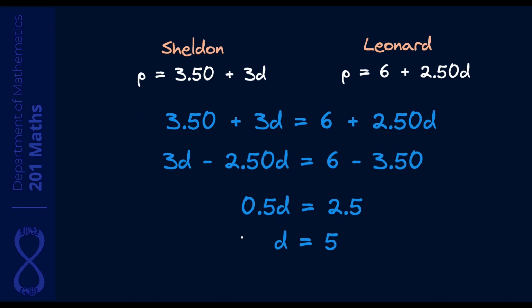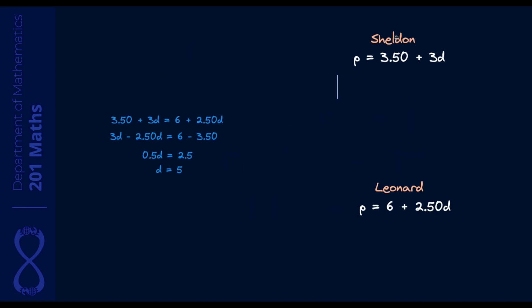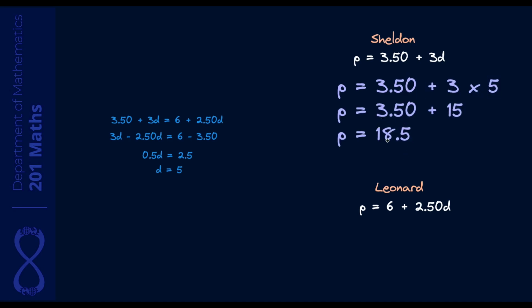So we figured out first the distance for which the price of the ride was going to be the same between the two drivers. Now that we found our D, we can substitute this D with that number 5 into any of these two original equations, and once we do that, we will figure out the price for a 5-mile ride with any of these two drivers. So let's plug our D into Sheldon's equation, and this is what we get: a price of $18.50 for 5 miles.